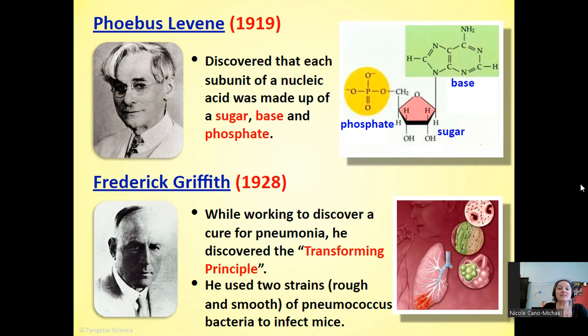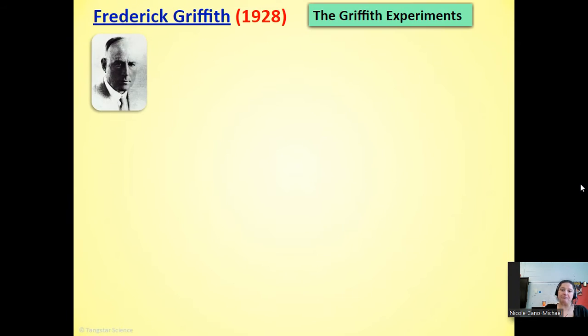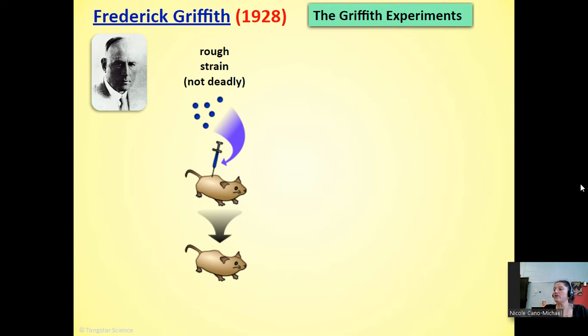And he injects this stuff into mice to see if he can come up with a vaccine. But this is what he actually comes up with, guys. So again, we're looking at Griffin's experiment. He starts off, and this is under the big 3 in your notes, under transformation. Test number 1, he uses the rough strain and injects it into live mice.